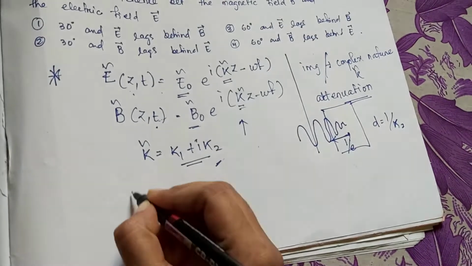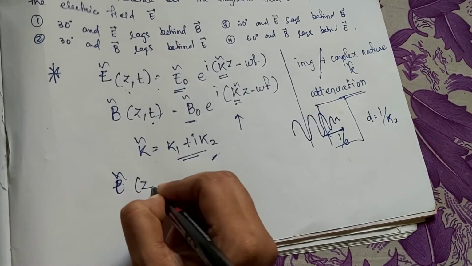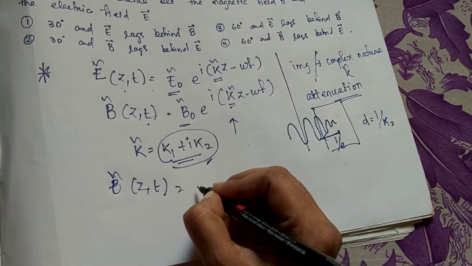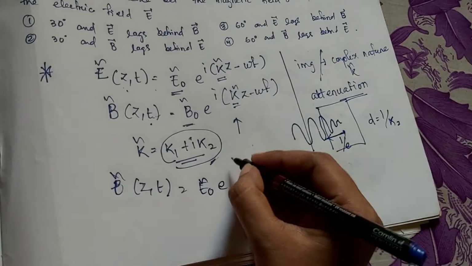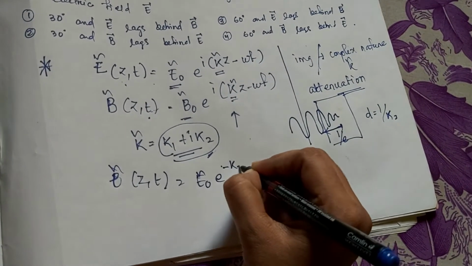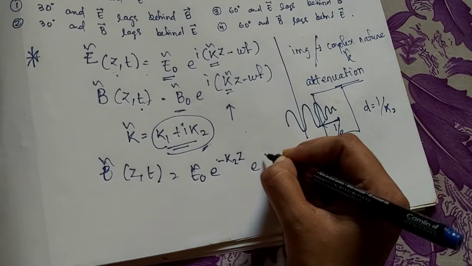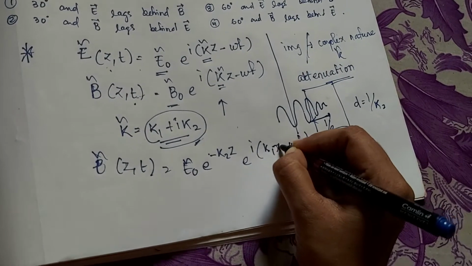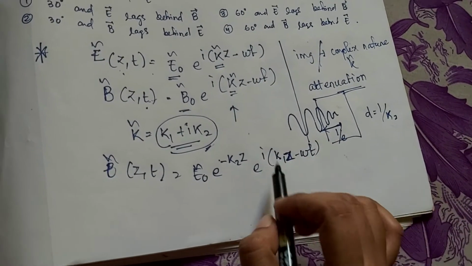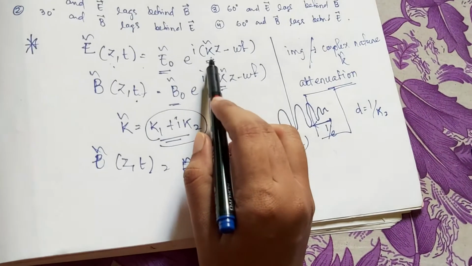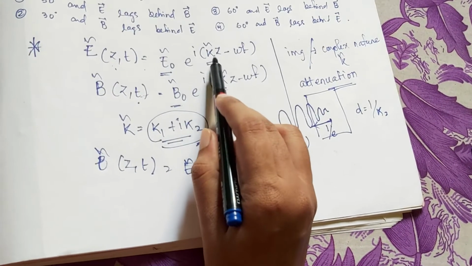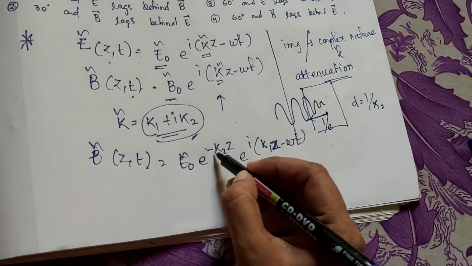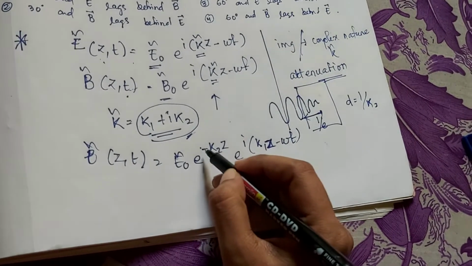If I substitute the complex form of the wave vector, I get E(z,t) = E naught e^(-k2 z) e^(i(k1 z - ωt)). Substituting k = k1 + i k2, the i times i gives i squared, which is minus 1.